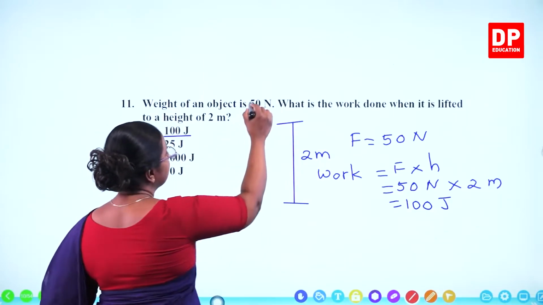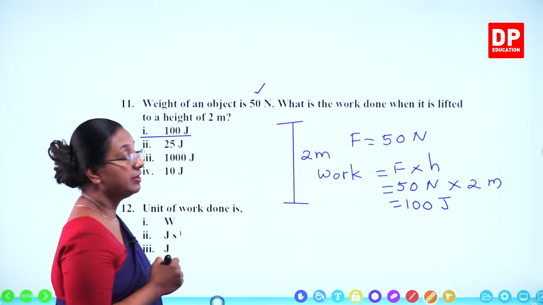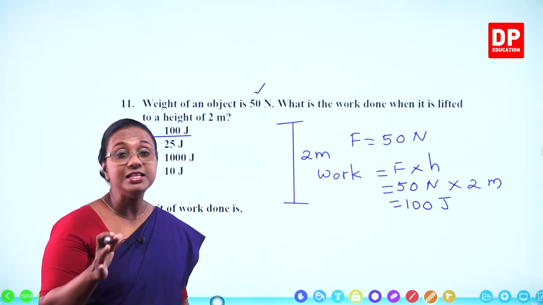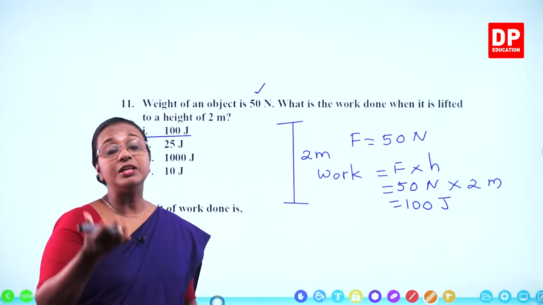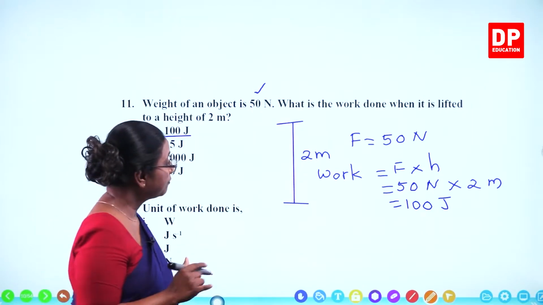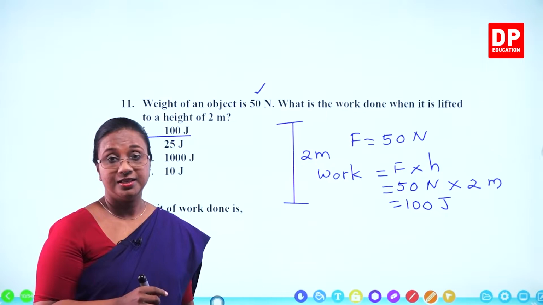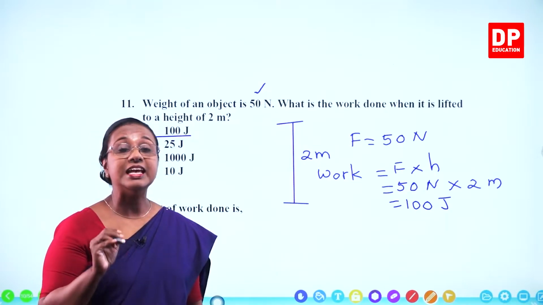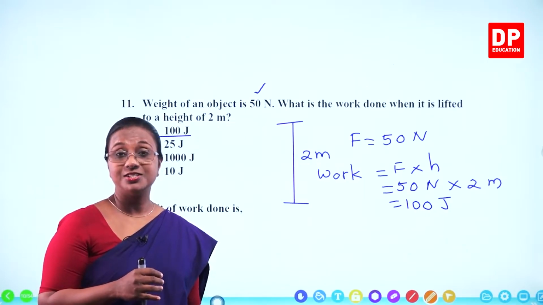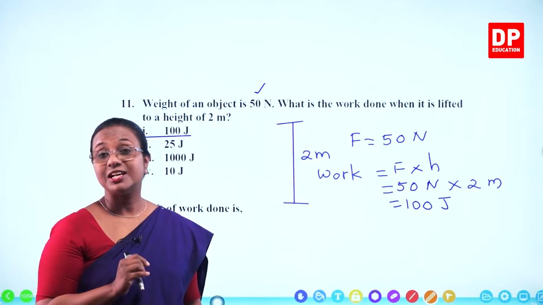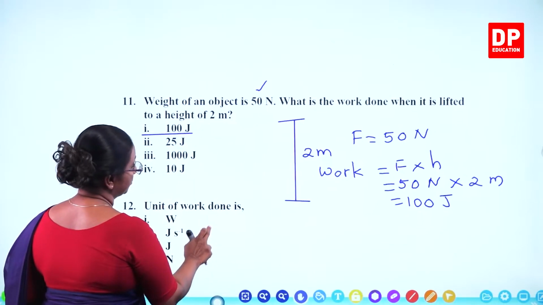But here it is the weight that is given, 50 Newton. So that is mass into gravitational acceleration. That is the force exerted to lift the object up. So therefore you need to directly multiply by the height only. So this is the work done against the gravitational acceleration. So therefore the potential energy stored will be gravitational potential energy. So that's going to be 100 joules.